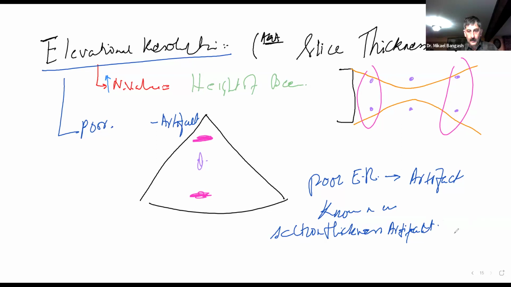And this section thickness artifact can also be known as partial volume artifact.